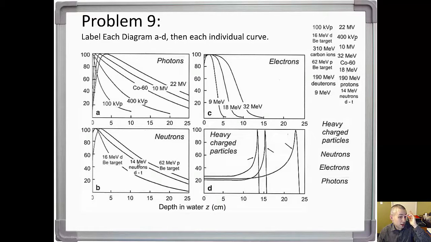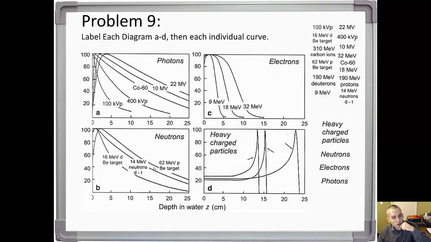DT tends to yield a high neutron energy. In this particular case, 16 MeV. The DB target is lower. It produces a lower energy neutron. 62 MeV.